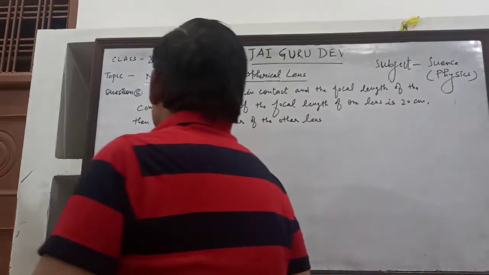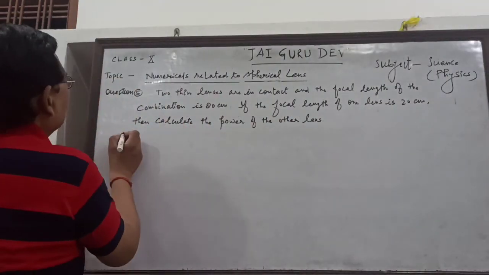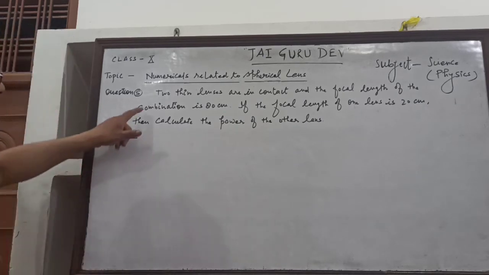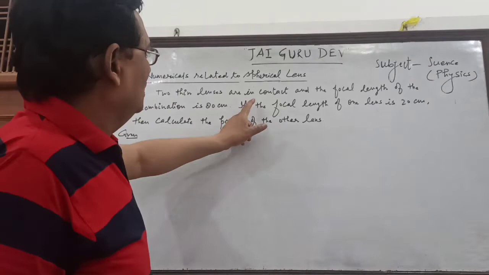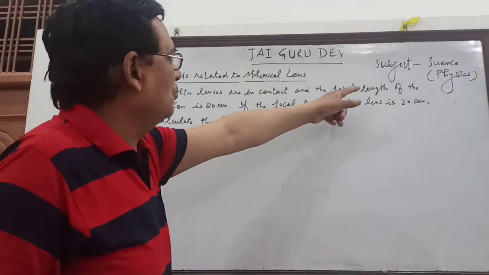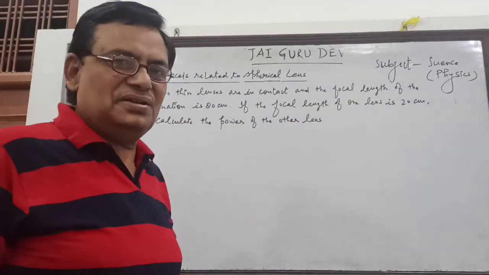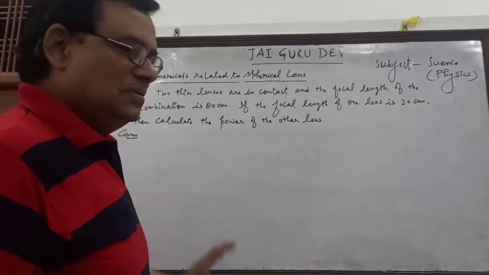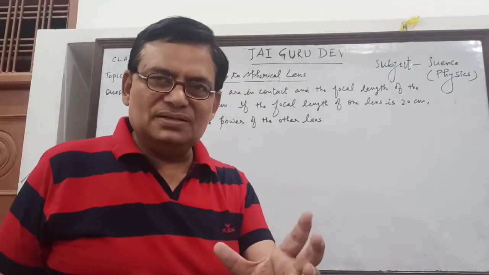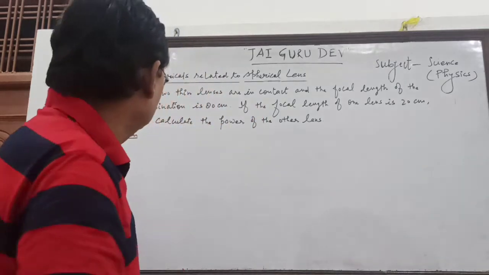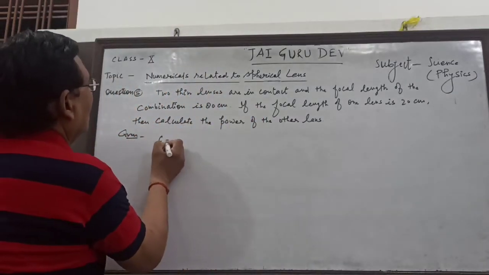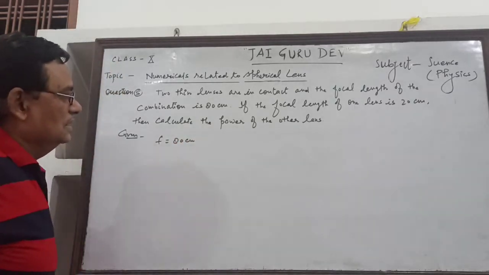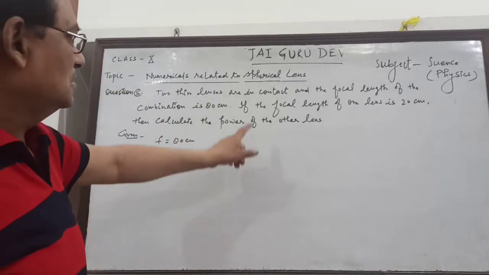Okay. So first we write given: two thin lenses in contact and the focal length of the combination. Resultant focal length is given. Suppose the resultant focal length is denoted by F. So F is equal to 80 centimeter. And there are two thin lenses.